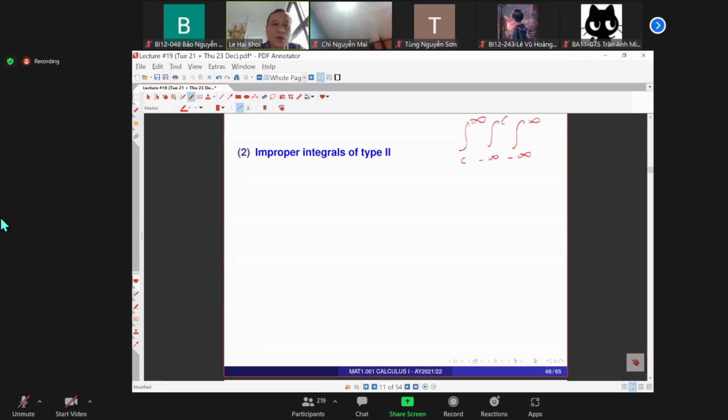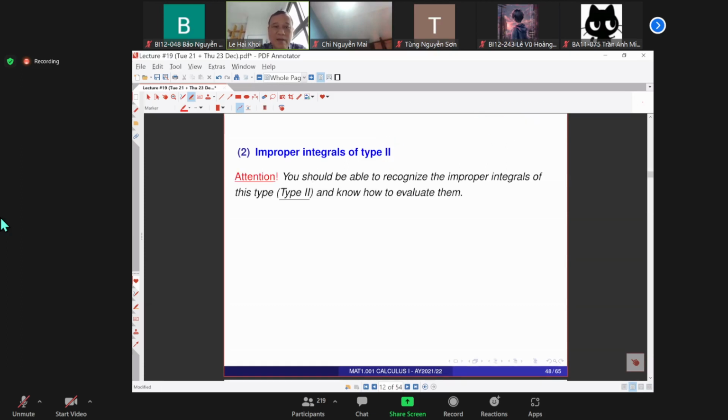Now we talk about the integrals of type 2. You should be able to recognize improper integrals of type 1 and type 2 and know how to evaluate them.